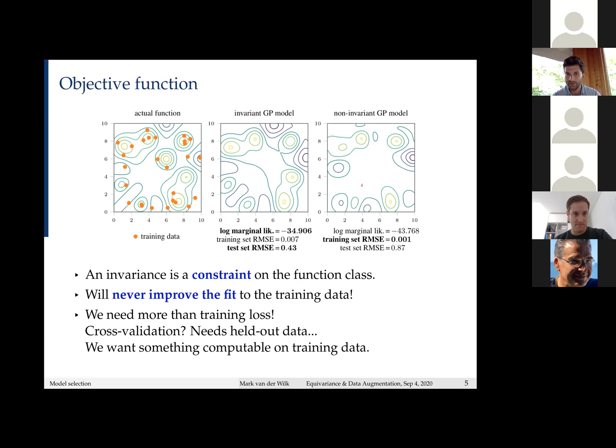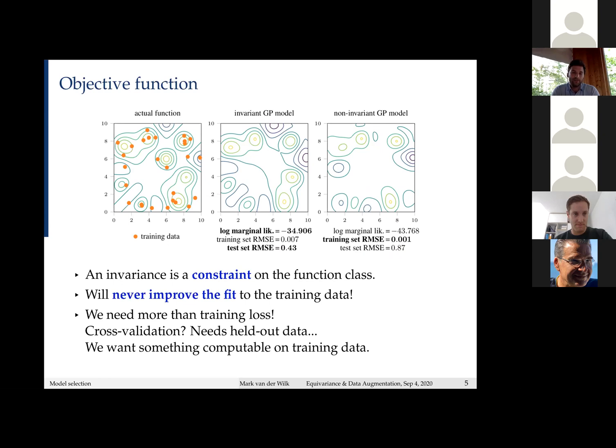What we actually see is that the loss on the training set, so the error that each one of these models makes, is lower for the non-invariant model, even though it generalizes a lot worse, comparing the test set RMSE to the training set RMSE. So if we were to pick the function class based on how well the best fitting function in that function class fits the training data, we would choose the wrong function class in this case.